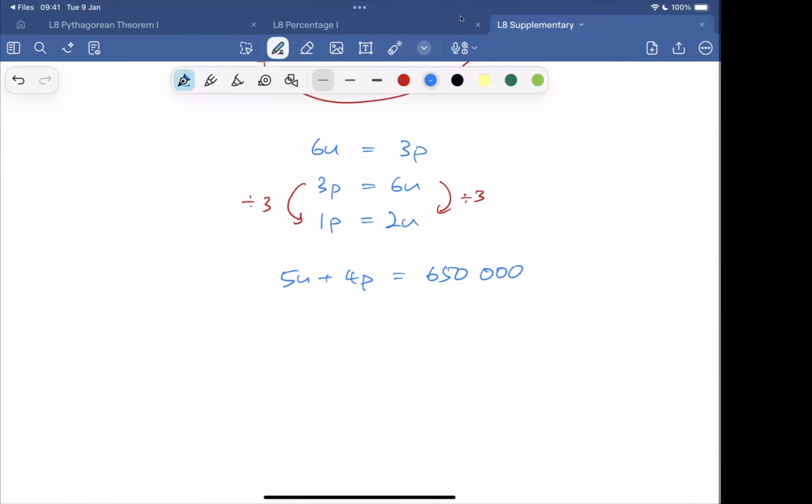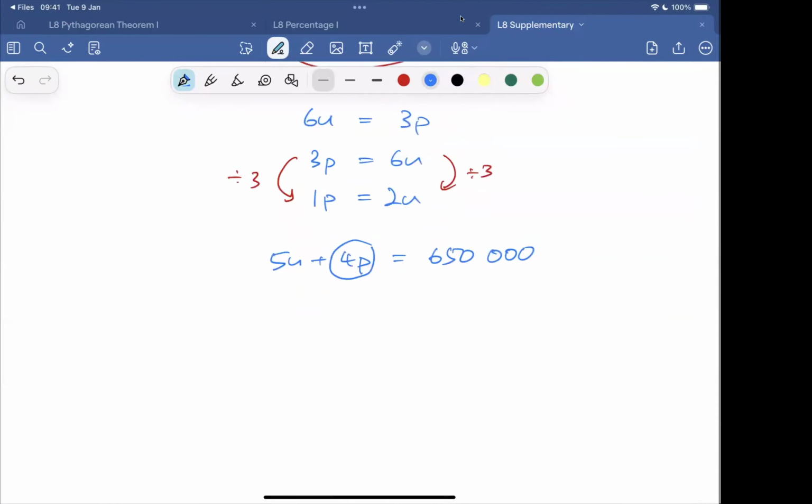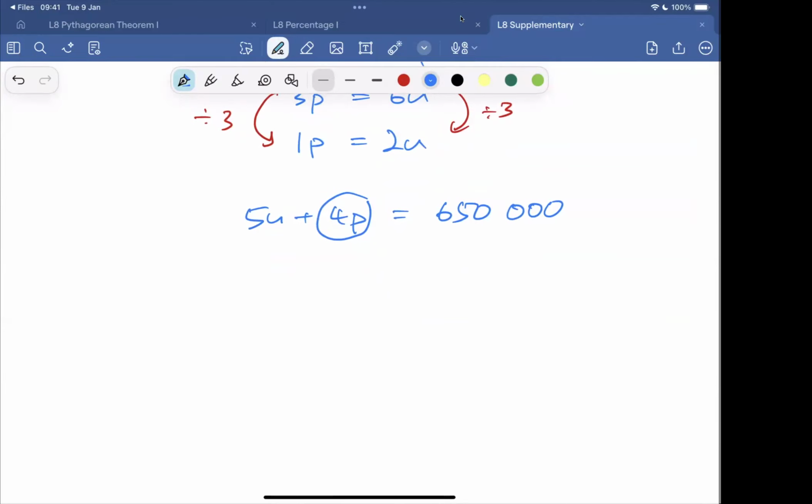Can you tell me 4 parts equal to how many units? 4 parts is equivalent to 4 times 2 equals 8 units. So 13 units equal to this. So 1 unit is 650,000 divided by 13. Correct.